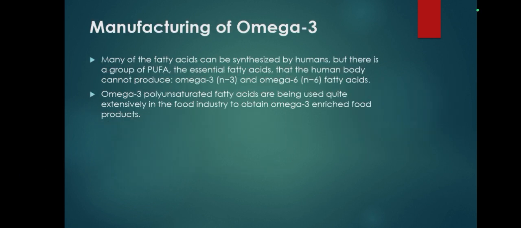Let us discuss the manufacturing of omega-3. Many of the fatty acids can be synthesized by humans, but there is a group of polyunsaturated fatty acids, the essential fatty acids, that the human body cannot produce: omega-3 and omega-6 fatty acids. Omega-3 polyunsaturated fatty acids are being used quite extensively in the food industry to obtain omega-3 enriched food products.